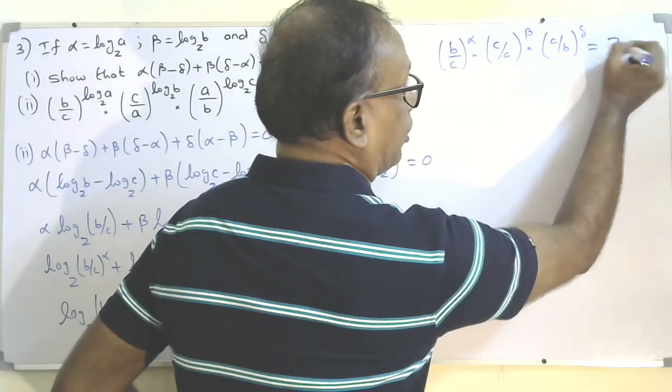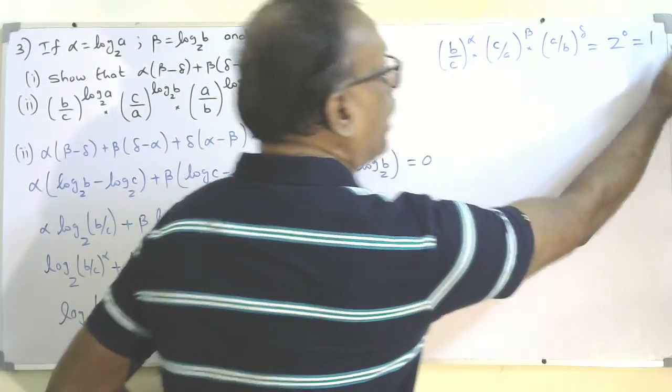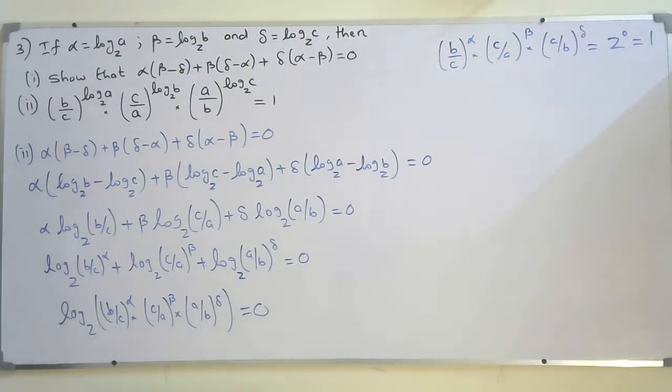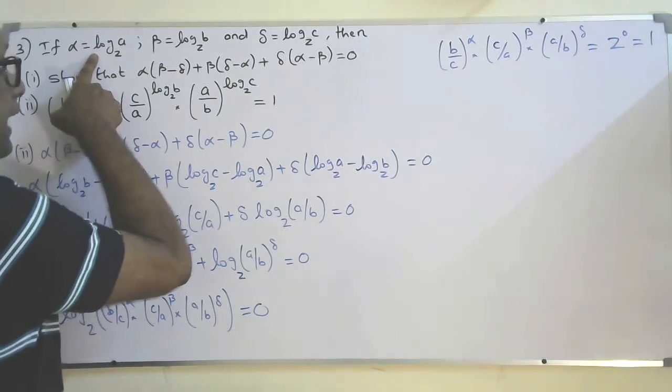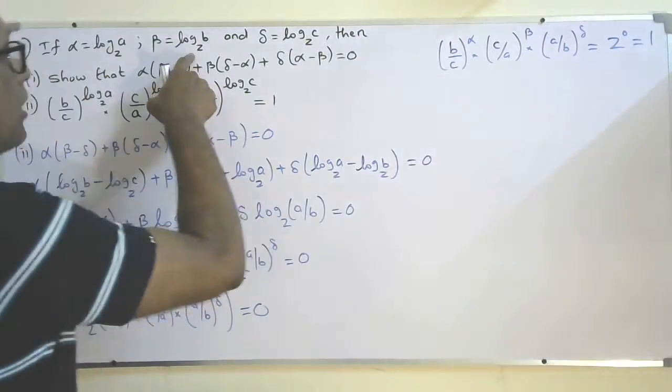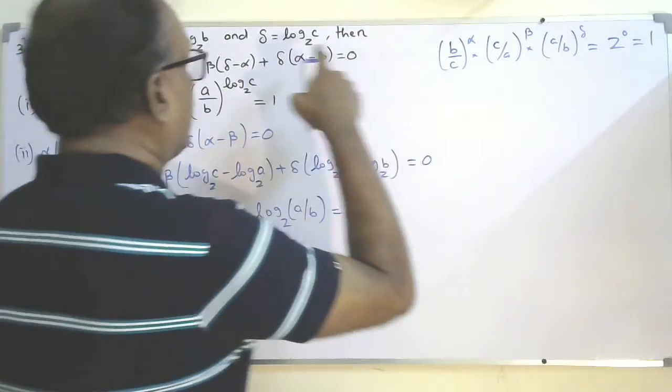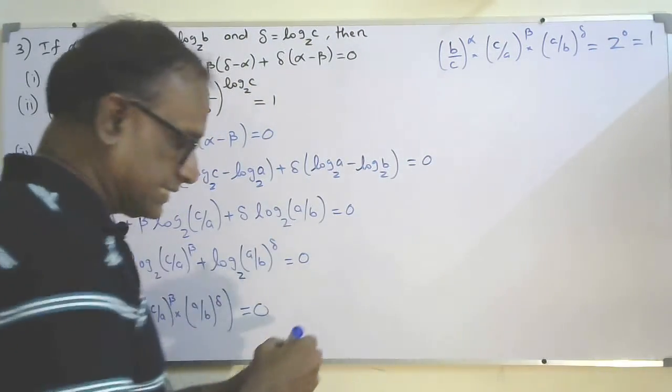That's the definition of logarithm. z to the power 0 means 1. That is 1. Okay, now substitute alpha as log z of a, beta as log z of b, and delta as log z of c. So I'll replace those.